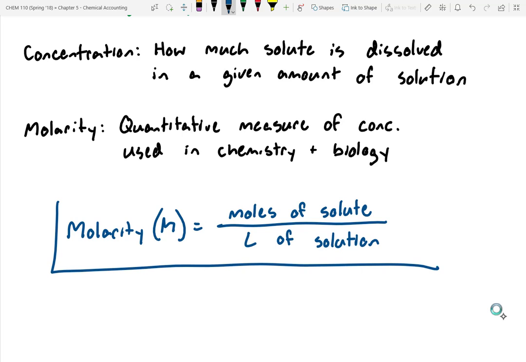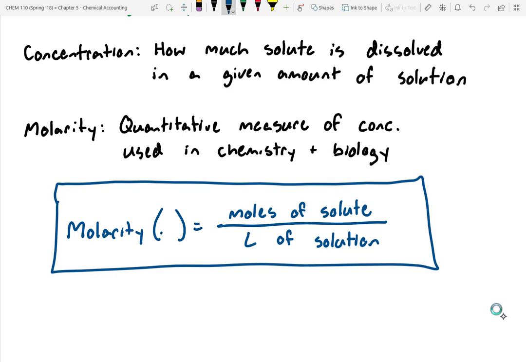So this is the overall definition that's used. If you notice, it's not mass of solute. That's one thing students often forget: they think it's mass of solute over liters of solution. You have to convert that mass to moles in order to find molarity. Is that a capitalized M? Yeah, that's my terrible penmanship. This should be a capitalized M right there.